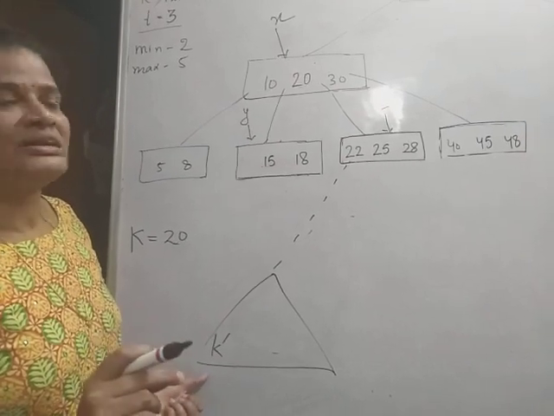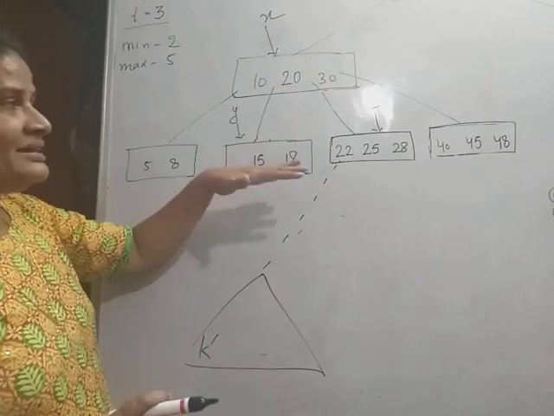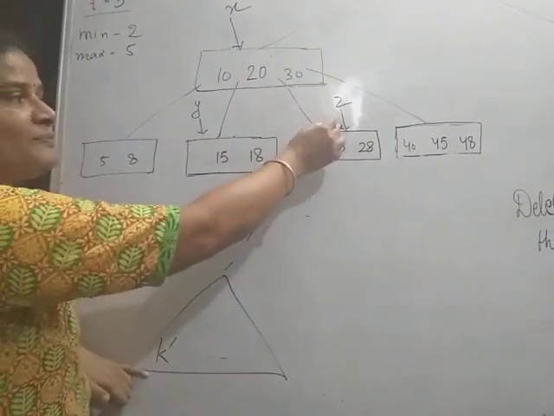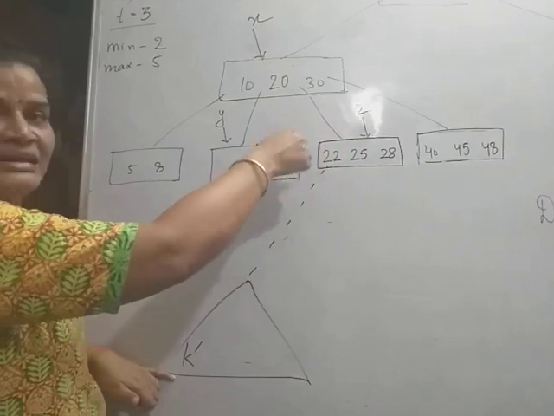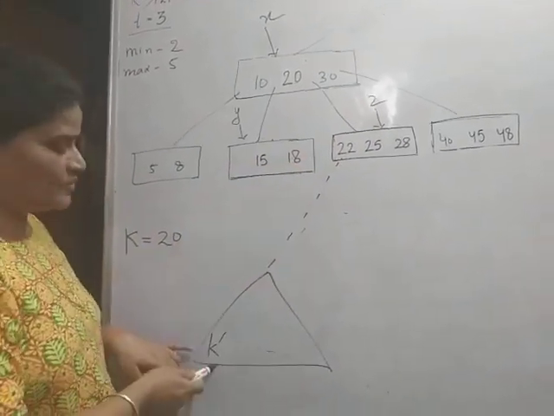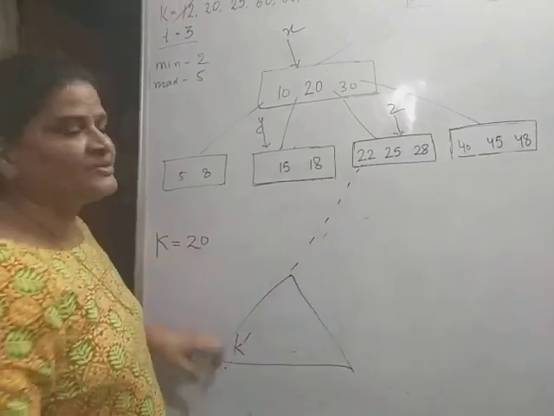Our aim is to delete the immediate successor K dash, which I will get in the subtree rooted at Z: the first key of the leftmost child, which is a leaf. So here this is the leaf, so 22.